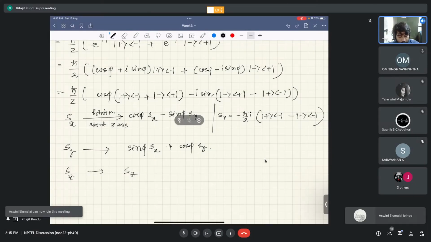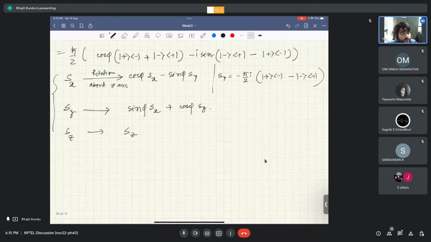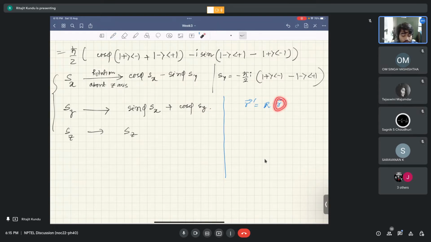Okay, so what does this actually mean? I guess you have learned about vectors and how they rotate. Okay, so let's look at that once. Let's say I have a vector r, and I have a rotation matrix given by R. Okay, so this is the matrix, and let's call this r prime. So initially I have an r vector, then I rotate it, and then I get an r prime vector.